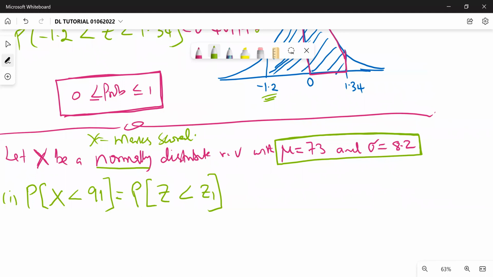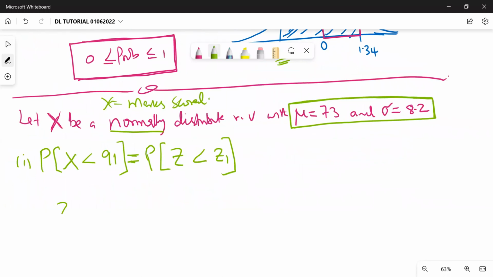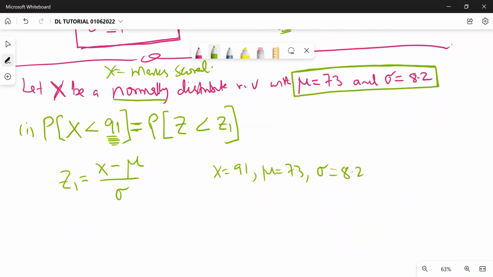So that's how you transit from X to Z. And we say that Z1 in this case will be X minus mu divided by sigma, where X in our case is 91, this guy here. And we know that mu is 73 and sigma is 8.2. So once you plug them in, this will be 91 minus 73 divided by 8.2.